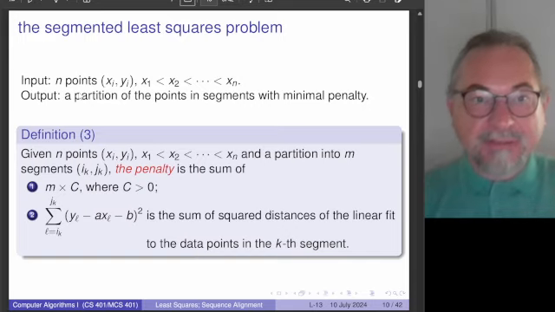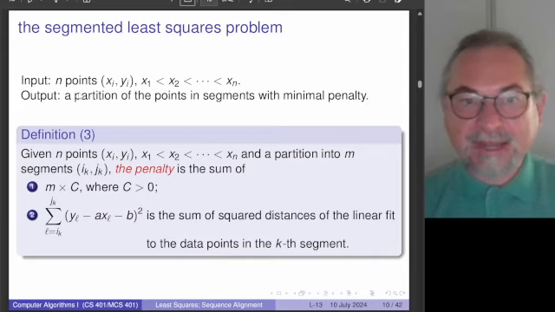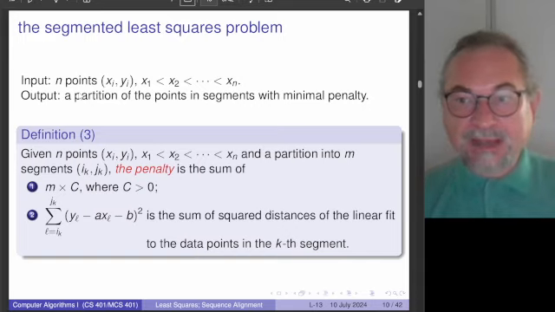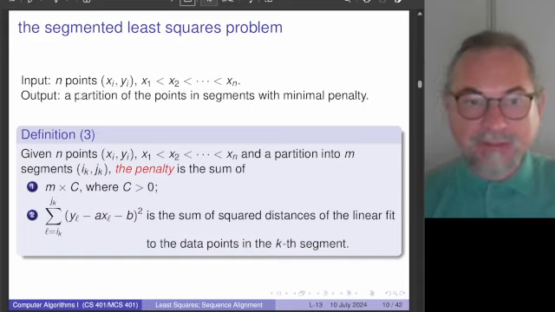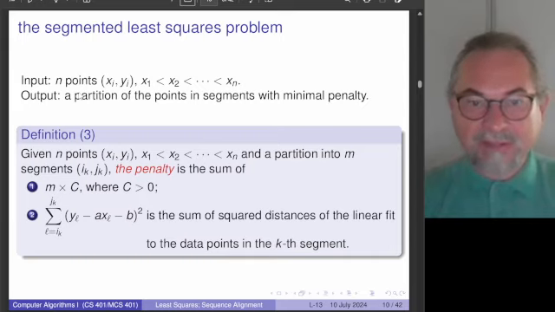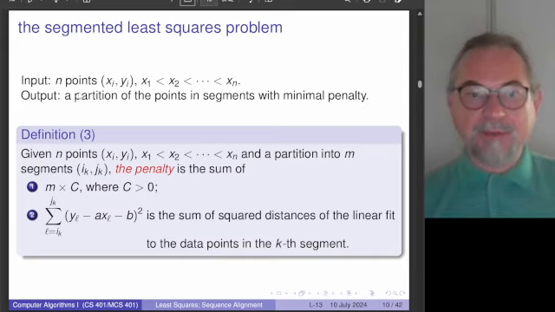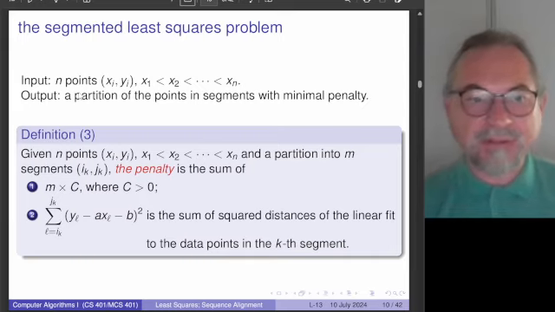Okay, so then the segmented least squares problem is formulated as an optimization problem. We have the error that we still want to minimize. The second part of this definition here is the sum of the squared distances. This is what we want to minimize. Again, for every segment, the line needs to fit the data. It needs to be a best fit, minimizing the sum of the squared distances.